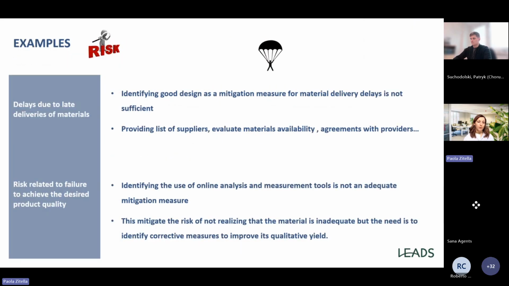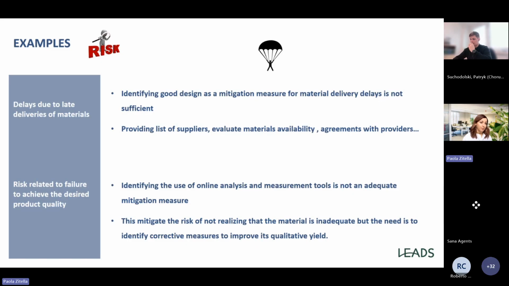For example, for a delay due to late delivery of material, you should not put as a mitigation measure that I made a good design so everything will be right. You need to provide lists of alternative suppliers, evaluate material availability, or agreements with providers with penalties in case they are not able to provide the material you need.